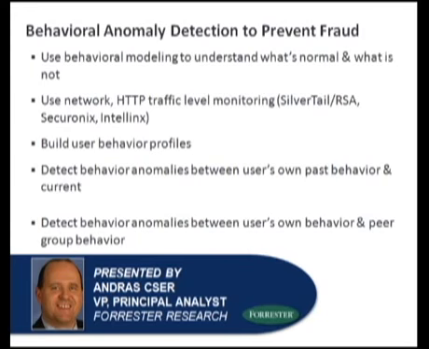Obviously, I talked about behavior anomaly detection for fraud prevention. Really understanding behaviors out there, understanding what's normal and what's not normal, is very important. You can look at the network layer, like HTTP traffic monitoring, using something like Silvertail, Securonix, or Intellinx, a solution that allows you to separate good traffic from bad traffic and understand behavioral differences.